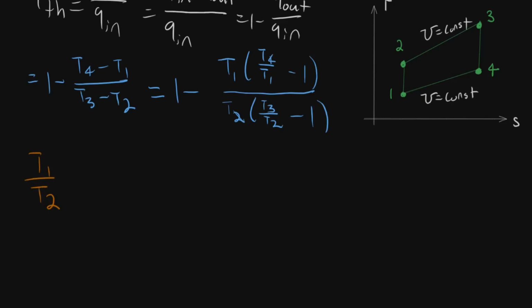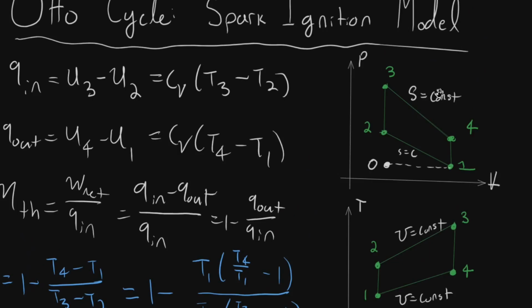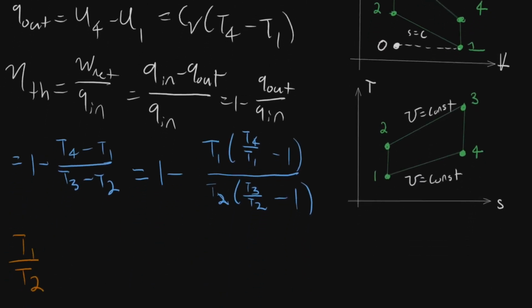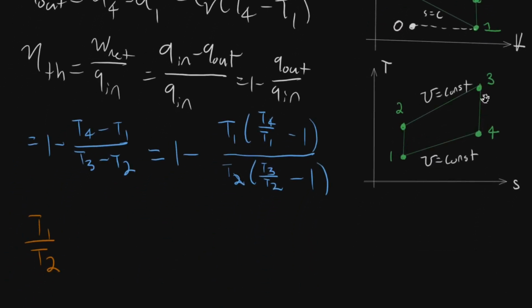I also have the TS diagram right here, just so it's easier to see, because this says S equals constant, but the TS diagram would be vertical for S equals constant, and then we have the corresponding constant volume. So between 1 and 2 and 2 and 3, we have isentropic, which means we can use these isentropic relations. So our temperature ratio is the same thing as our volume ratio, so our V2 over V1 to the power of K minus 1.